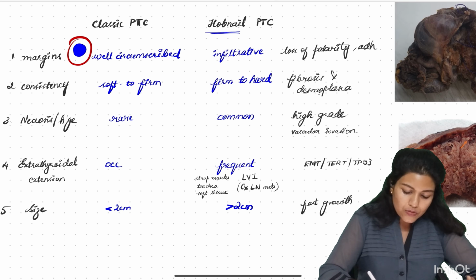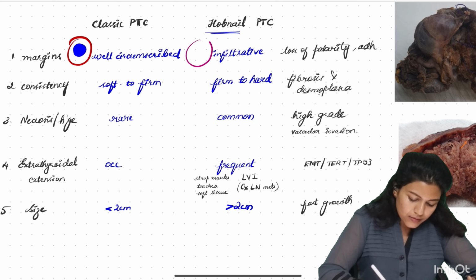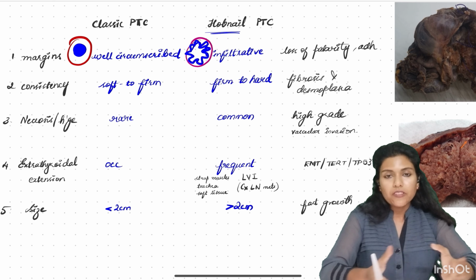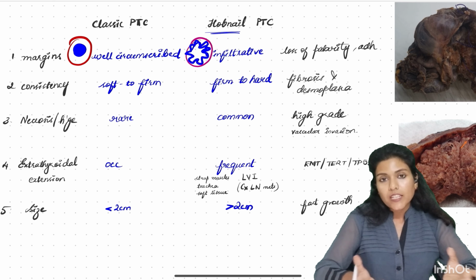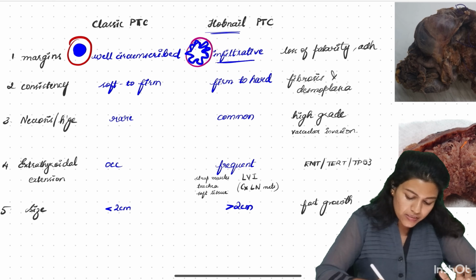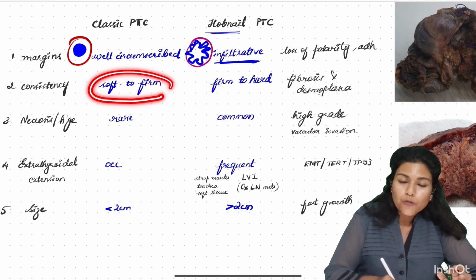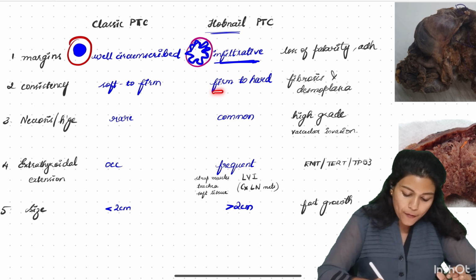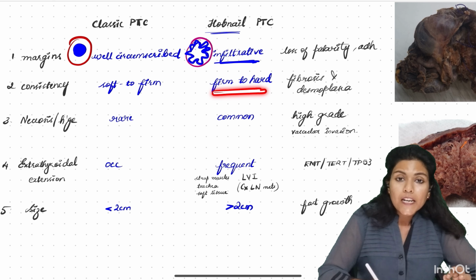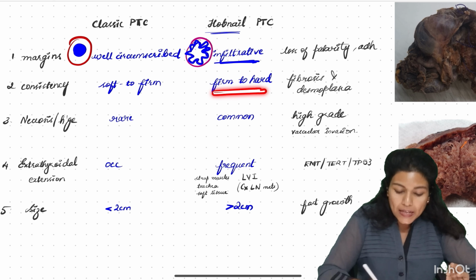Hobnail is aggressive, so the tumor will be infiltrating, as if growing into all the surrounding tissue, trying to invade the surrounding structures. That is infiltrative margins. Consistency of classical PTC is soft to firm, but in hobnail PTC it is firm to hard, attributed to the desmoplastic reaction.